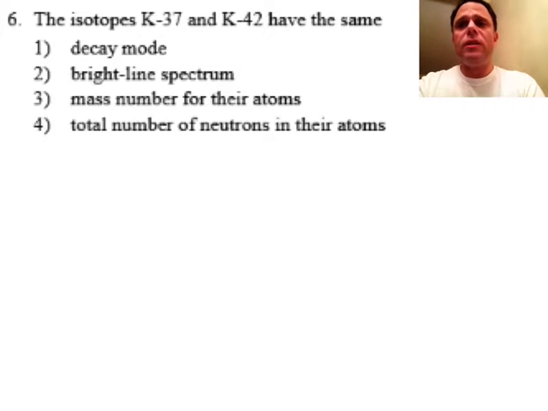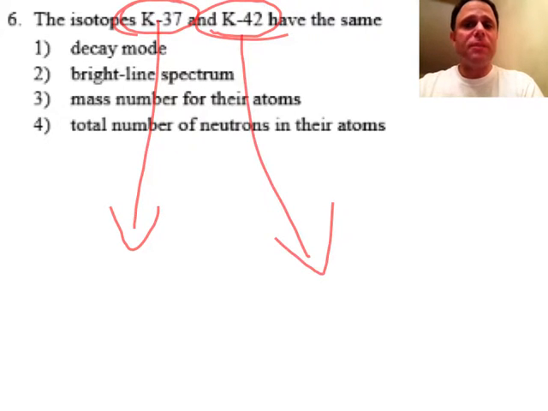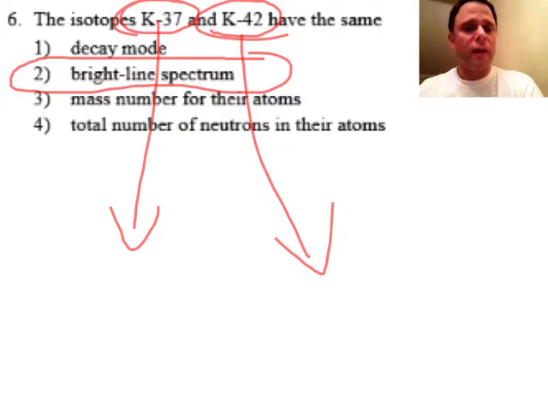And what you need to realize here is that is potassium, and in no way, shape, or form are they saying the potassium is anything but a neutral potassium. So that means that this first potassium here has the same number of protons as that potassium, and because they're neutral, they must also have the same number of electrons, therefore the same electron configuration. So if either one of those atoms gets excited, when those electrons drop down to their ground state, they will give off the same bright line spectrum.